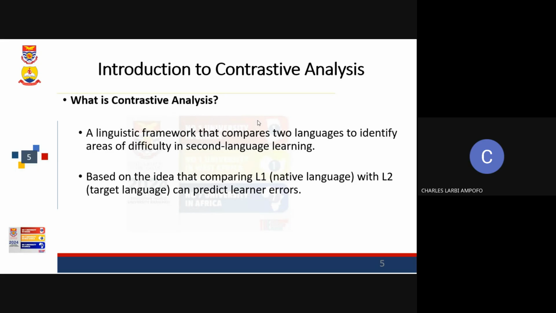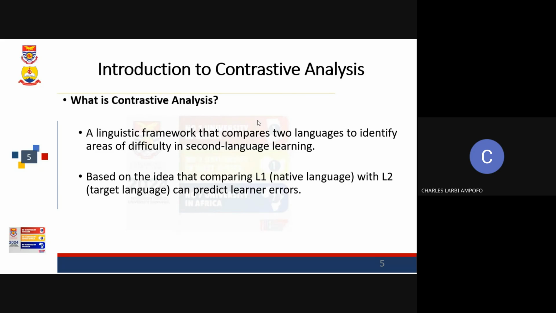So it says that it's a linguistic framework. Basically it's applied in the area of language that compares 2 languages to identify areas of difficulty in second language learning. It is based on the idea that comparing L1 with a certain L2 can predict learner errors.